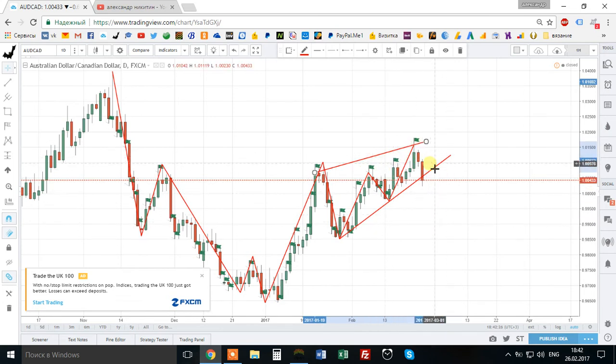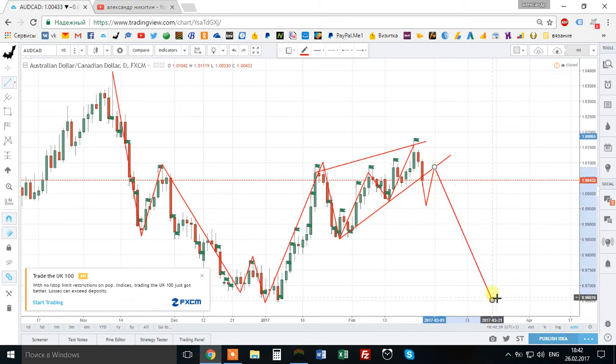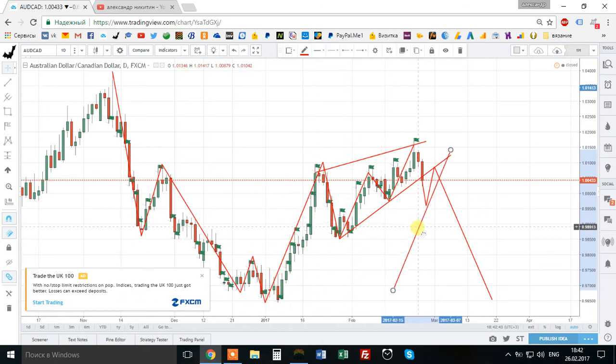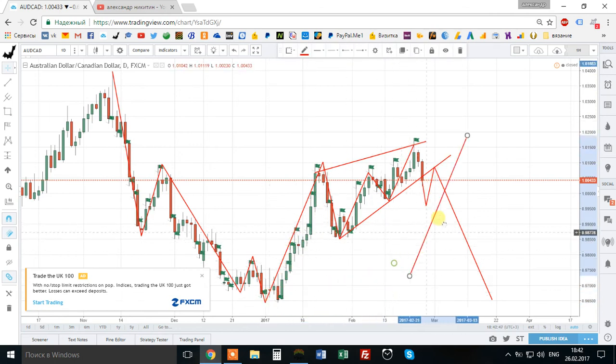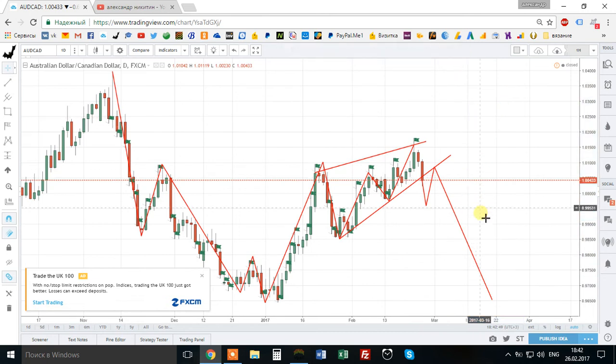Ascending wedge, maybe. And now it is broken. So this is typically a reversal pattern. You see? Boom. When it closes, it usually retests that, and then we have it this way. The target is usually the same as that thing. So we should retest those lows of the pennant.